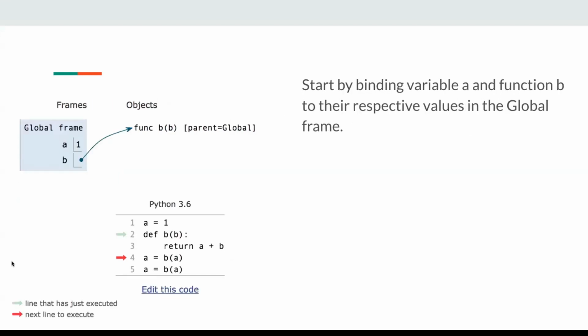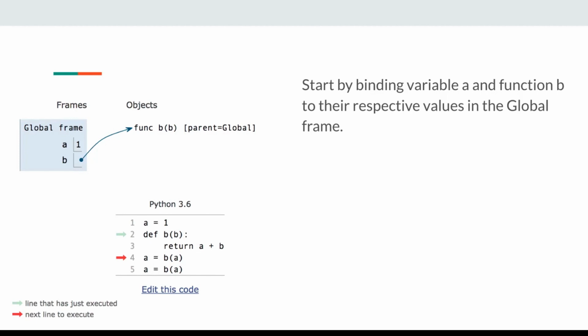For example, if we said A equals 3 inside def B, in the middle of lines 2 and 3, then A would no longer be considered 1 in frame 1. It would be 3, in which case we would return A plus B, and B would still be 1 because that's how we called it.